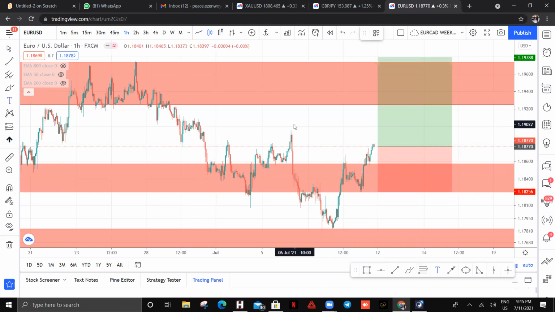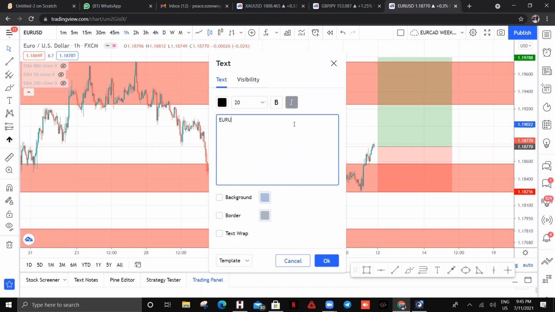So for Euro USD, buy opportunity. CP 1.19800. SL 1.18250.